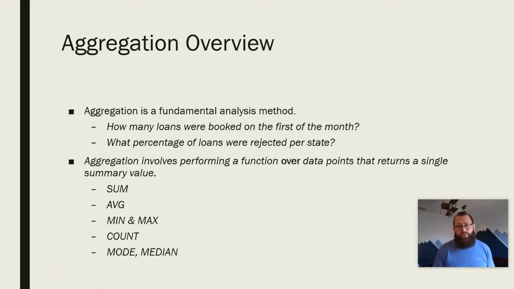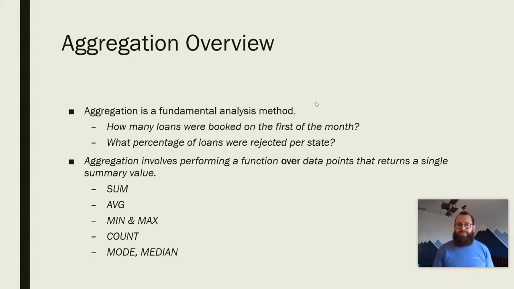These are the ones that I've listed here, and particularly the first four are very common in SQL. More sophisticated statistical measures aren't really common, as SQL isn't necessarily the place to perform those kinds of analyses. Not to say that you can't, but it gets a lot more difficult to execute those.